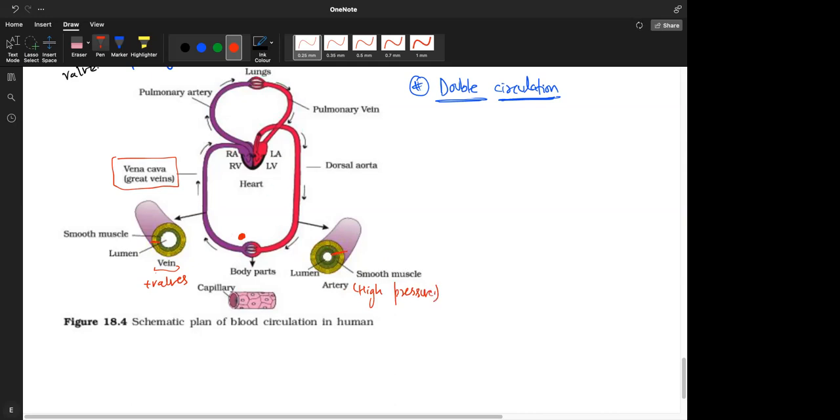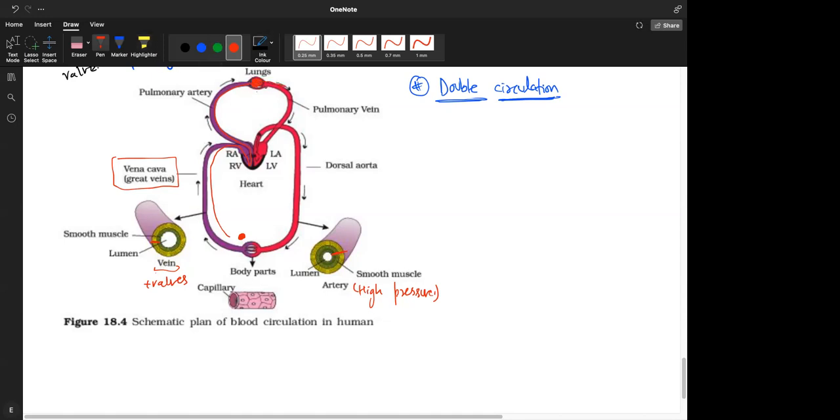Now let's say this RBC starts the journey here. First, it will enter into the heart through the right atrium, right? So this is the one time it will interact with the heart. Then from the right atrium, it will go into the right ventricle. Then from the right ventricle, it will go into the lungs. Do you understand? Trace this red thing. In the lungs, that RBC will get oxygenated.